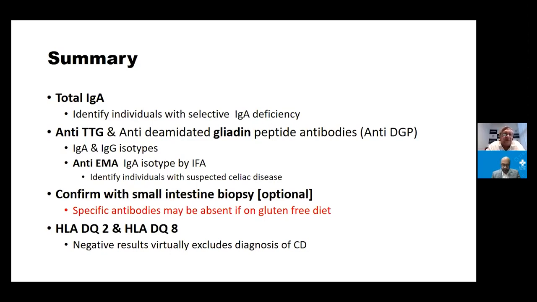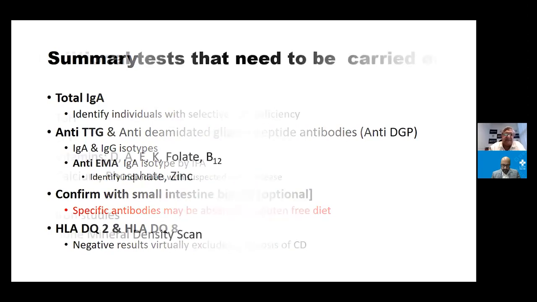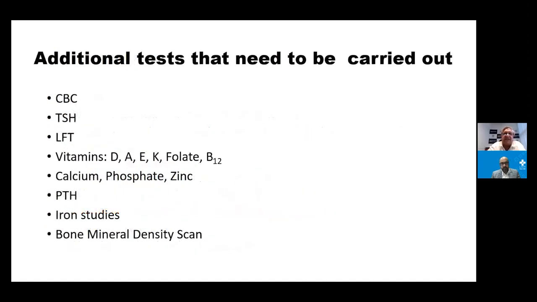The only role of HLA-DQ2 and HLA-DQ8 is that if they are negative, then a person cannot be suffering from celiac disease. Additional tests which may be carried out are complete blood count, TSH, LFT, vitamins, calcium, phosphate, zinc, PTH, iron studies, and bone mineral density.